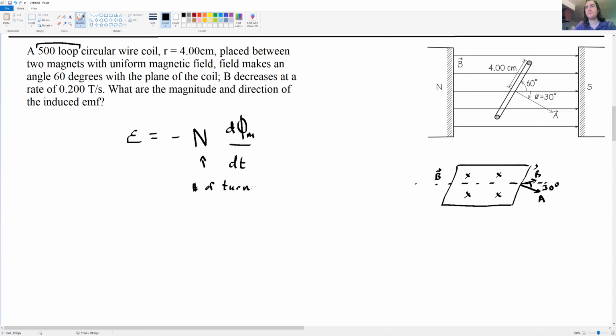You don't have to have an N in this formula. You can just remember that the magnetic flux is going to be 500 times that amount because there are 500 turns. But in a lot of books and in class, I'll just write the N in there explicitly just to remind you. Okay, that's all I have to say.